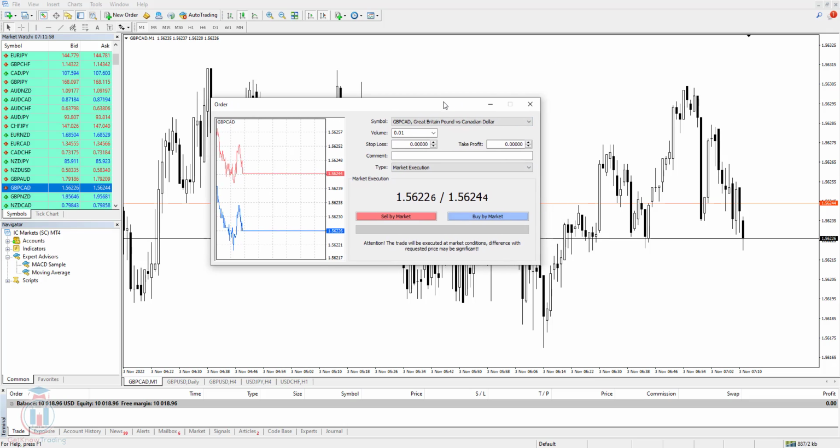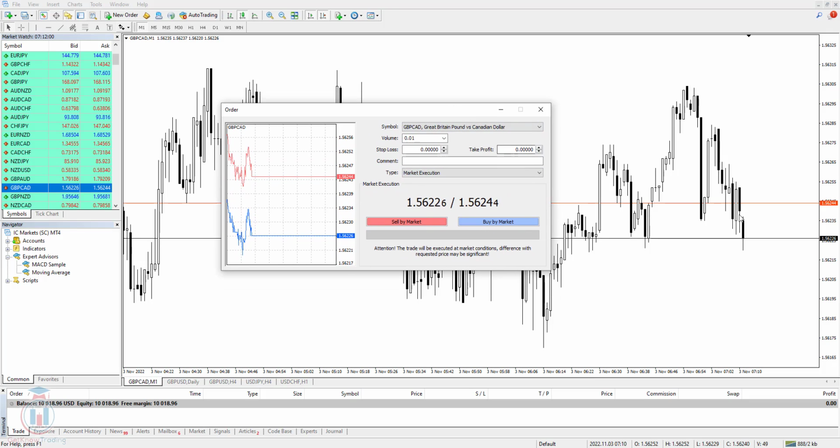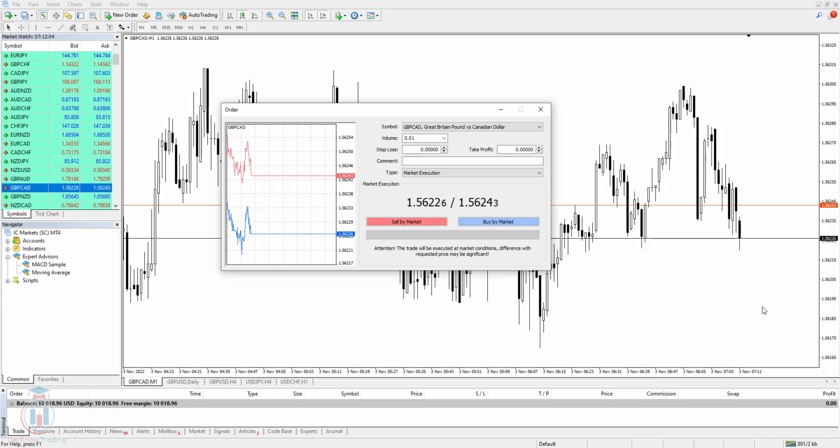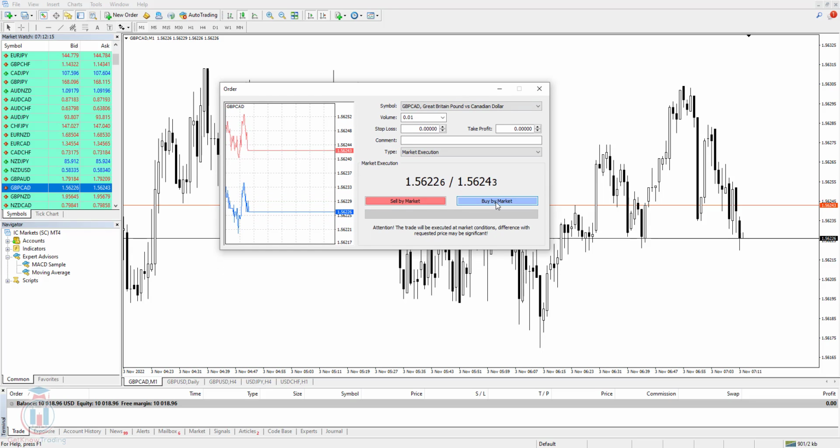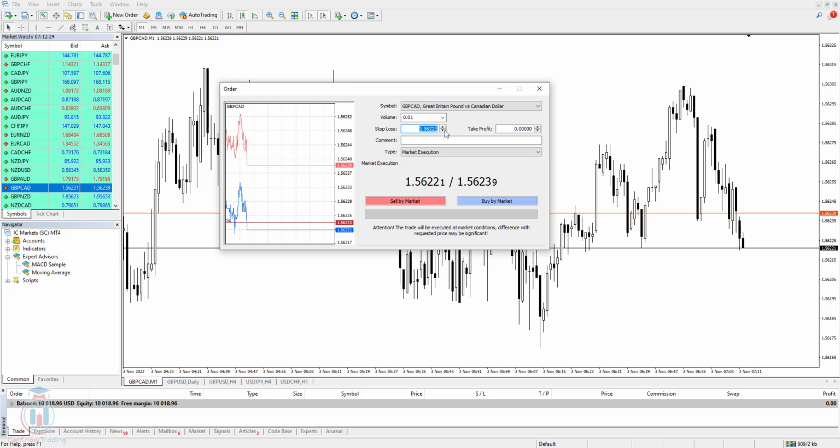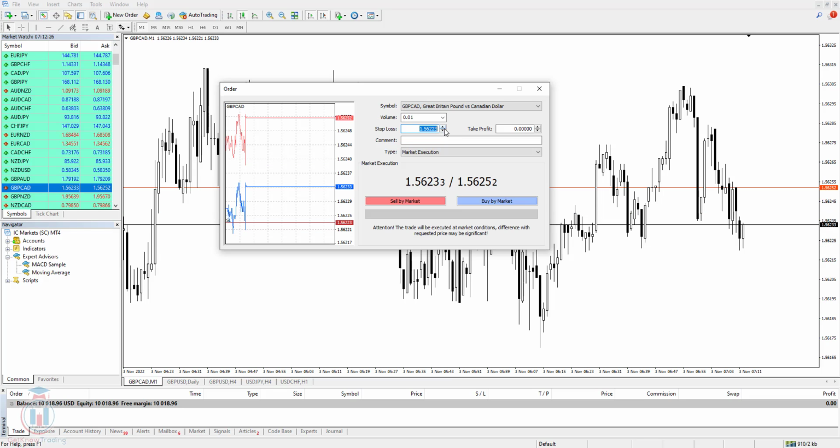So if I want to protect my account, if the currency pair starts to fall in price, I need to put a stop loss. This stop loss means exit from this trade so I do not lose more money than I have predicted. So in my case, before I click the buy market, I can set stop loss and take profit. Stop loss is the level I define where the trade will exit if the trade goes against me.